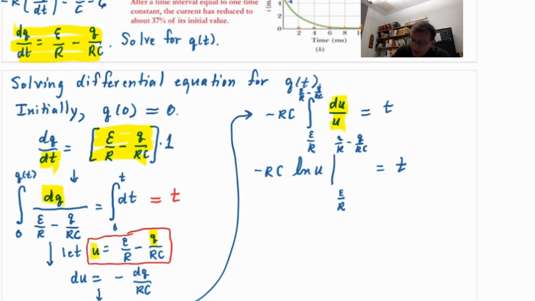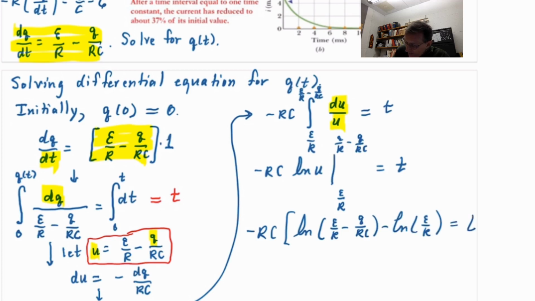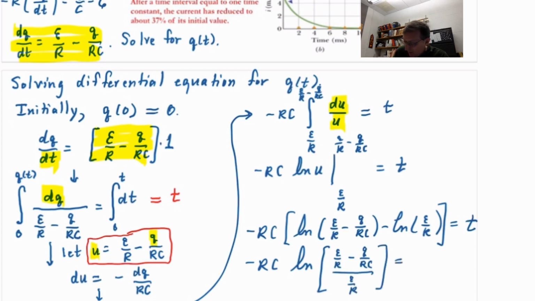And then that's minus RC times natural log of E over R minus Q over RC minus natural log of E over R, is equal to t. Then use a property of logarithms, that I can write that as natural log of E over R minus Q over RC all over E over R is equal to t.